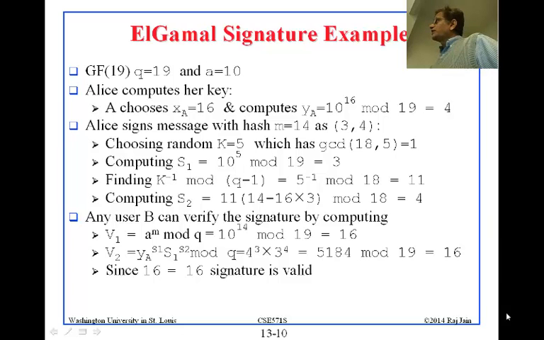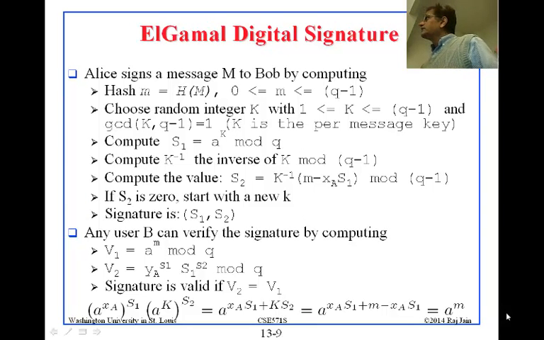Now S1 is equal to 10 raised to 5, which is 3. And K inverse is 11. And then S2 is 11 times (14 minus 16 times 3). So this is little m minus S1 times 16, which is XA, right?